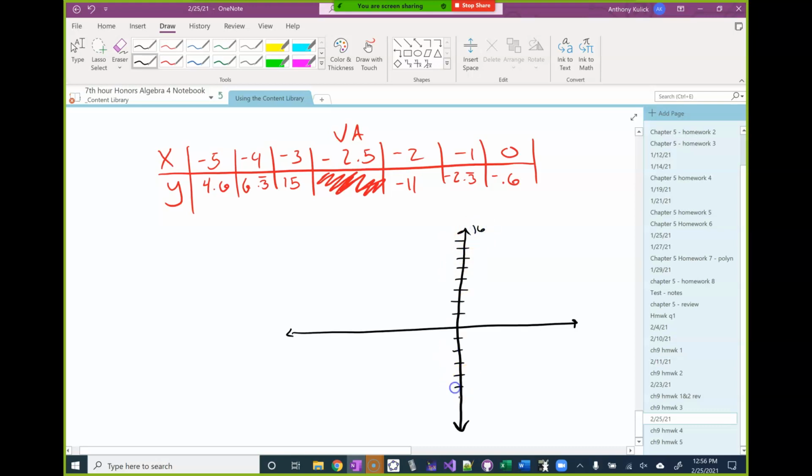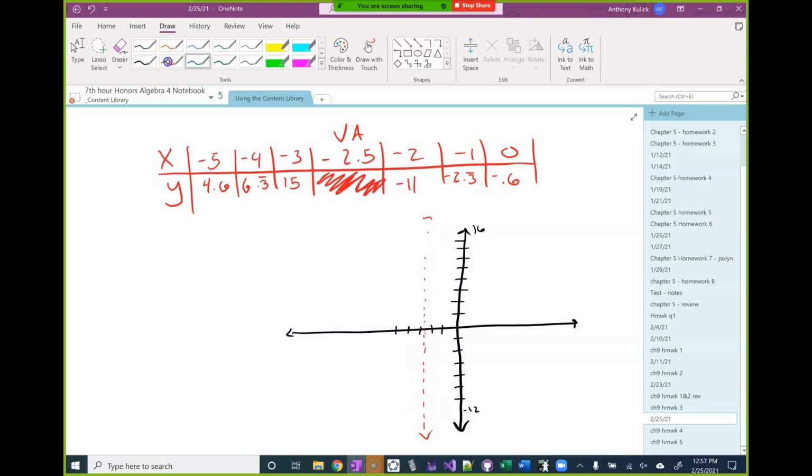And then 5, 6. Oh, I guess I don't need 6. So far, so good. My vertical is here at 2.5. Kind of put that stuff a little close together. Hindsight's 20/20, though. Oh, and my horizontal asymptote was at 2, I think, right? Got to put that in there.